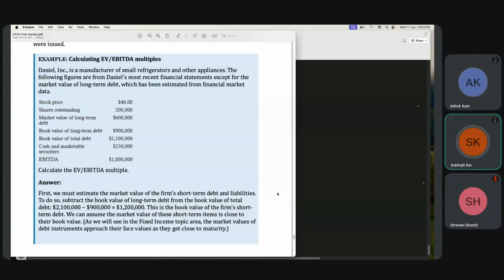So why did they deduct book value of long-term debt from total debt?